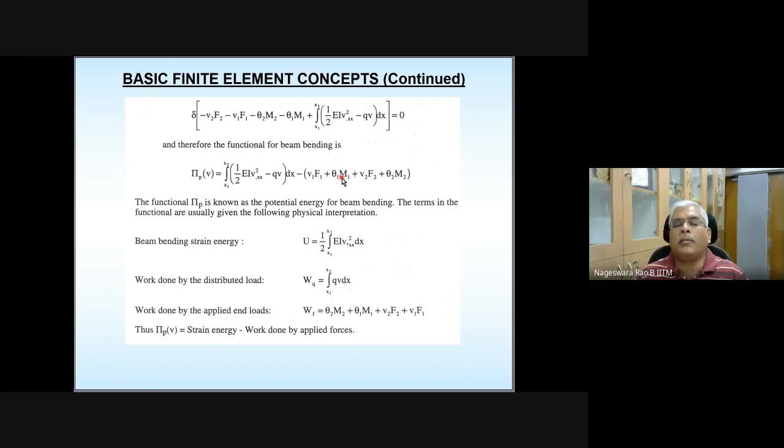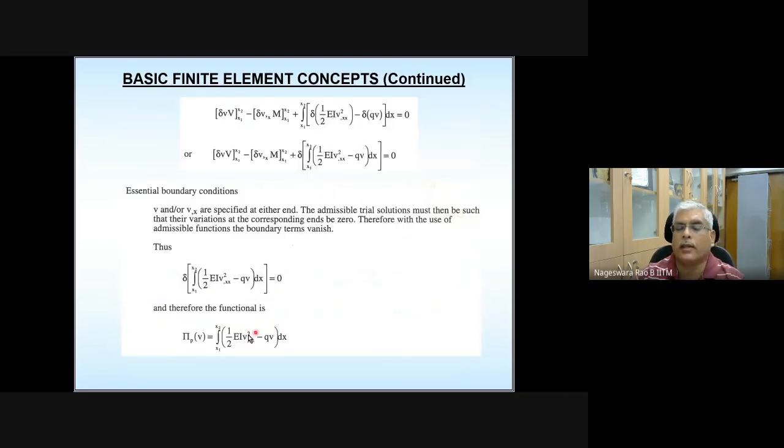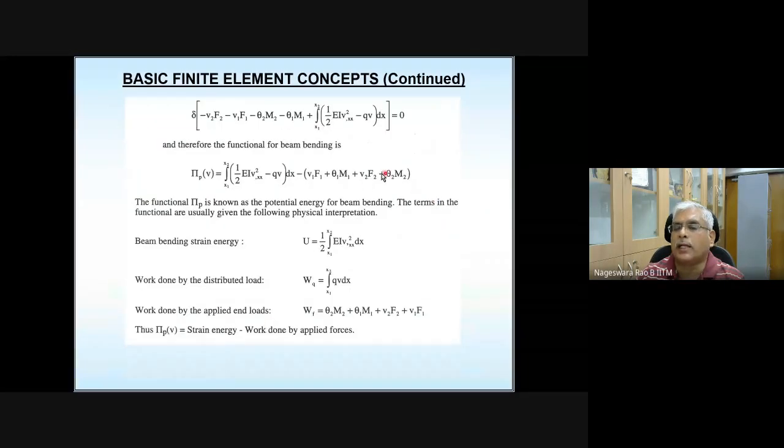For internal elements, the potential energy functional looks like this. And if the entire beam, let's say you take the entire beam as one element and that beam is fixed, then the potential energy functional is going to look like this. So this equation is more general.